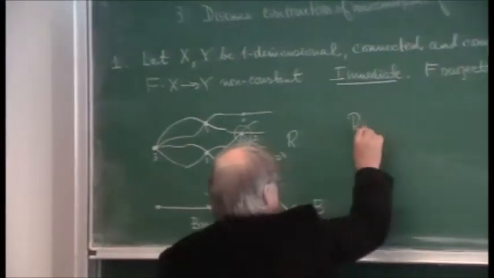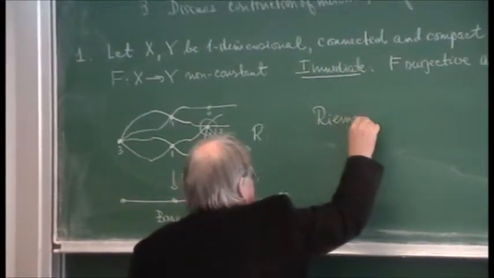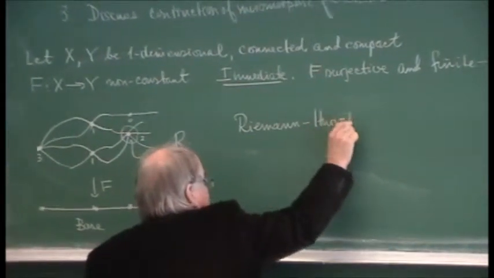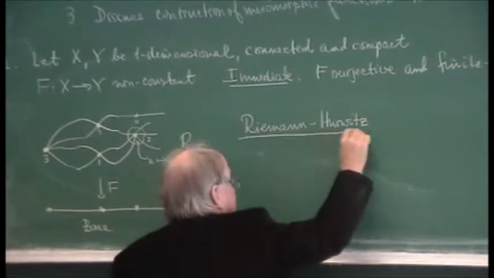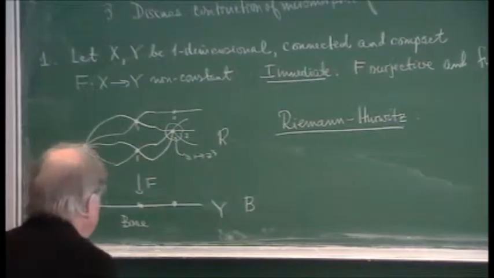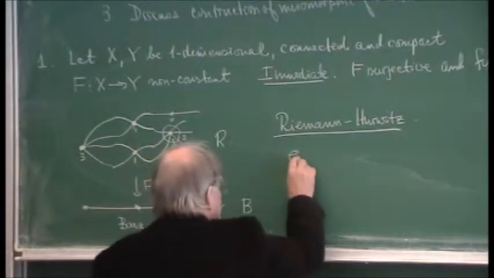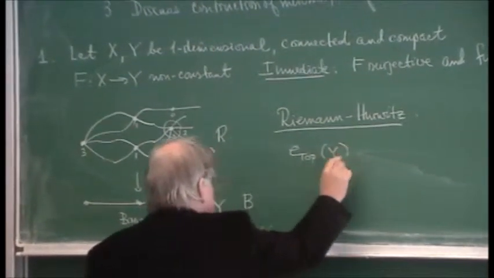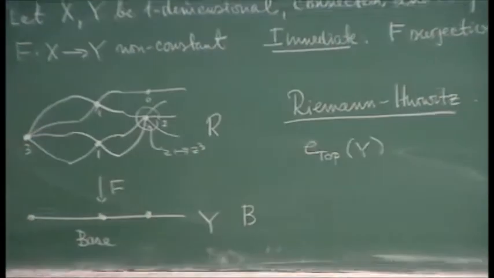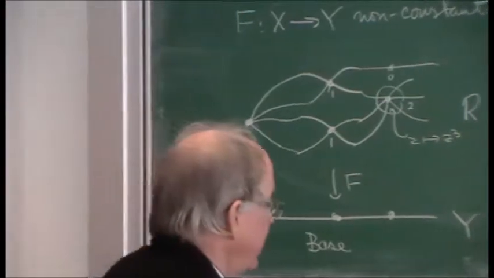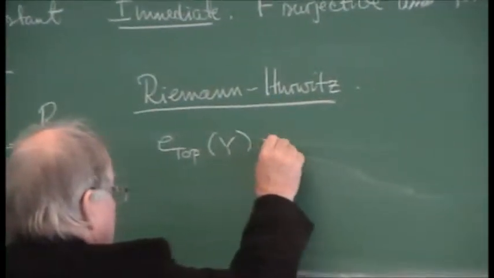So the Riemann-Hurwitz theorem, which just is proved by lifting triangles, is a very simple proof, says that the topological Euler number downstairs, which is just vertices minus edges plus faces of a triangulation, is the same.